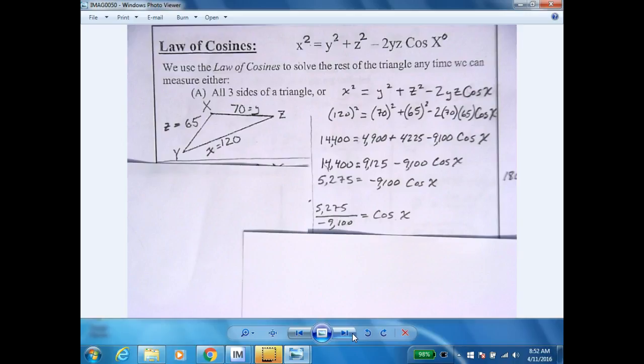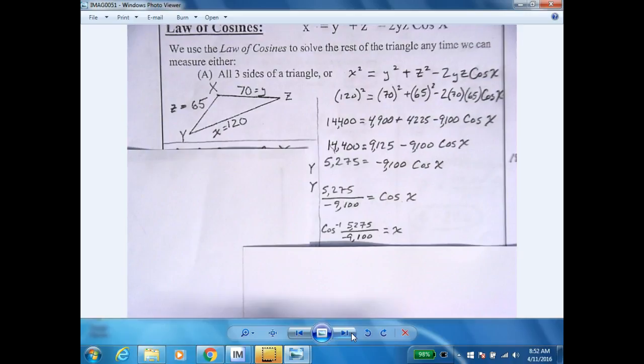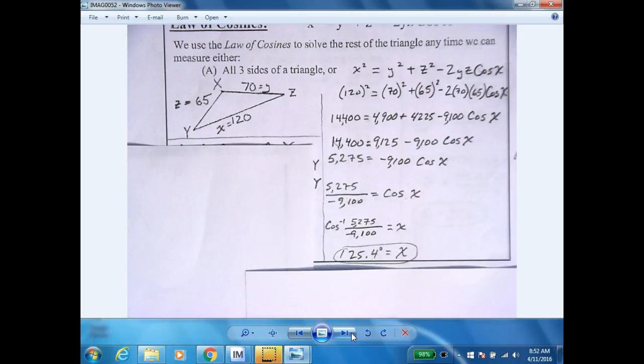Yes, use inverse cosine. Everyone figure out what x is using inverse cosine. And x is 125.4.